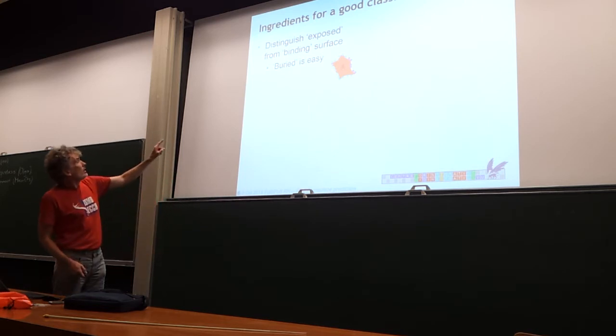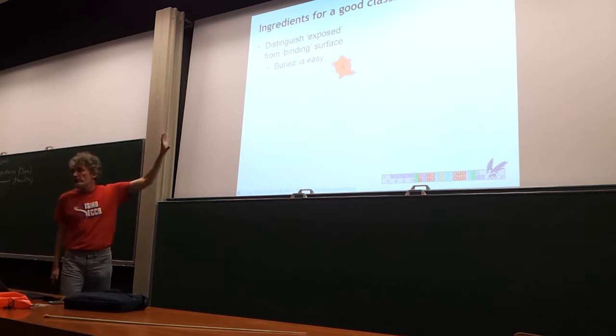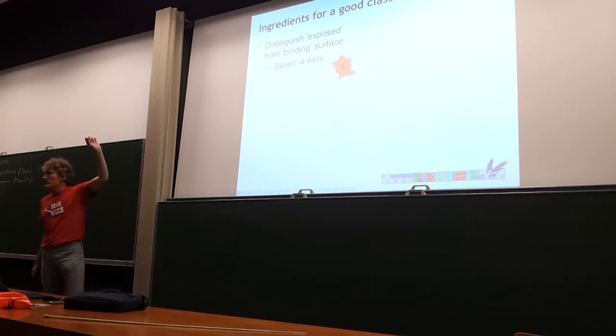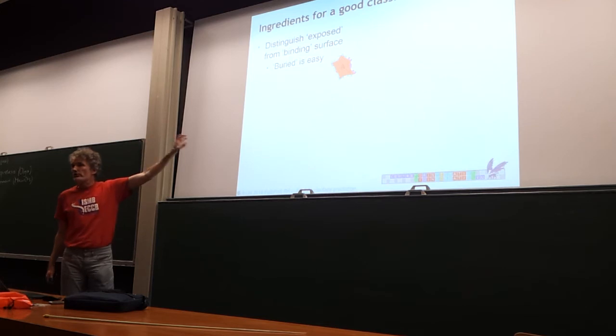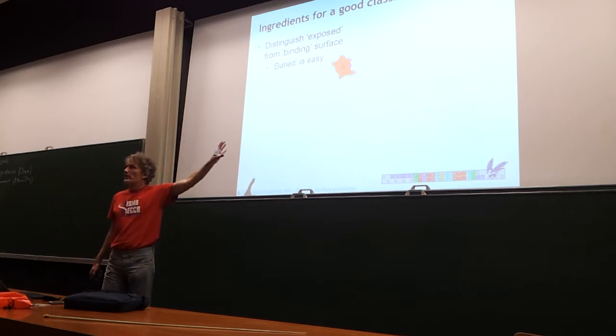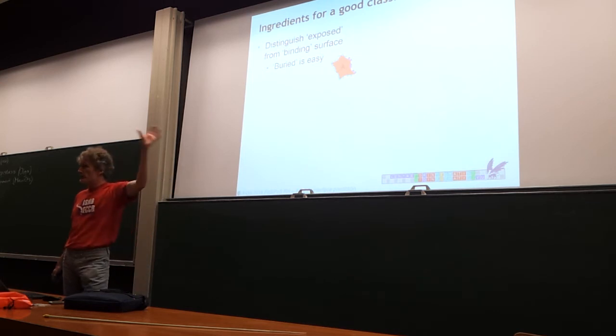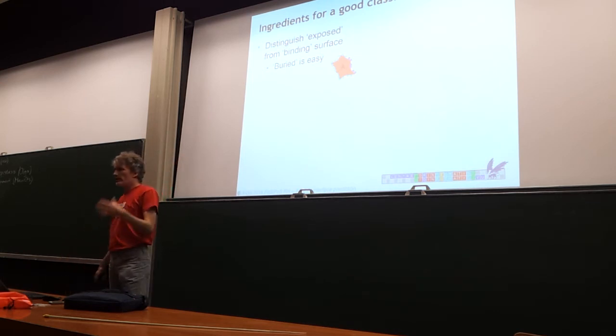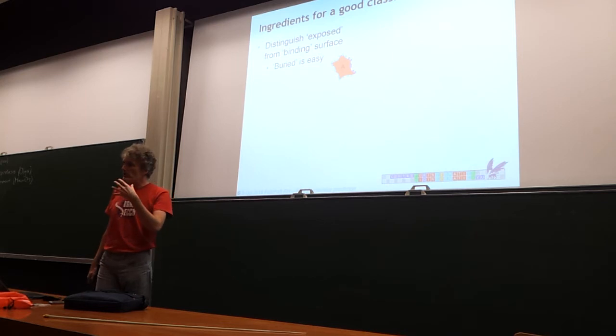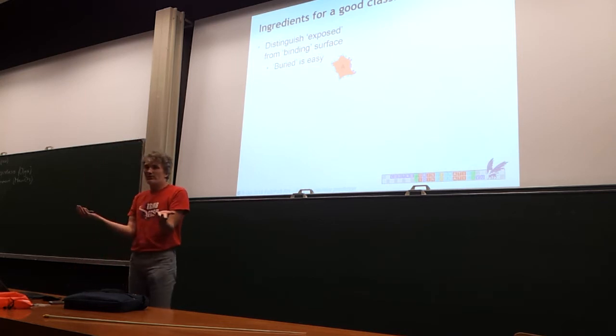Okay, and one easy trick to do when you're predicting interactions is, because there are already predictors that predict solvent accessibility, whether a residue in a protein is likely to be on the surface or buried. If it's buried inside the protein, it's not likely to be participating in the protein interaction because it's on the inside.